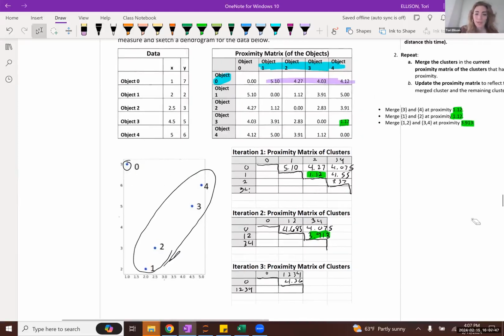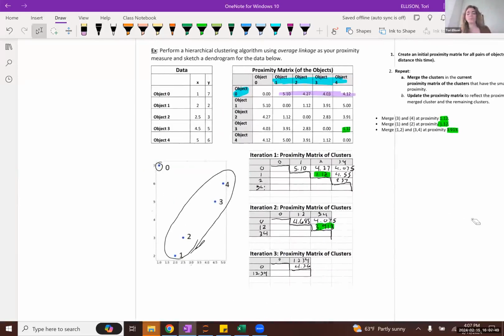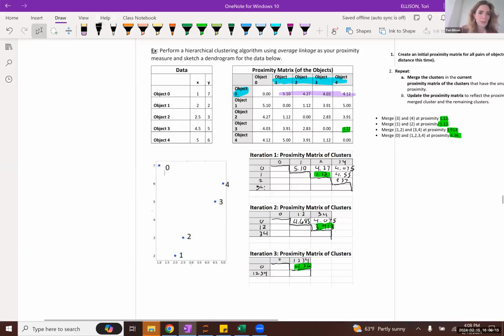All right. And so last but not least, we merge the two remaining clusters. So we merge cluster 0 and cluster 1, 2, 3, 4 at proximity of 4.36. All right. And we end the algorithm with all observations together.